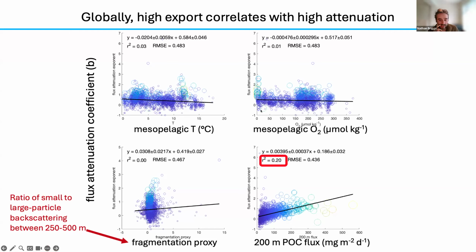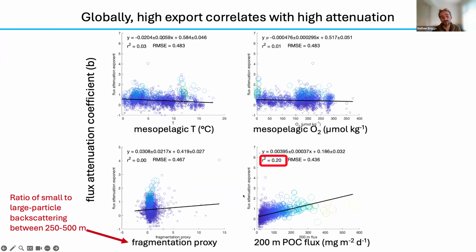The best predictor of flux attenuation is just how much flux. So the more flux you have near the surface, the more attenuation you have. Part of that could be a statistical artifact, because the attenuation with depth is the ratio of the deep flux to the shallow flux, and that ratio is going to get less if you have a higher shallow value.